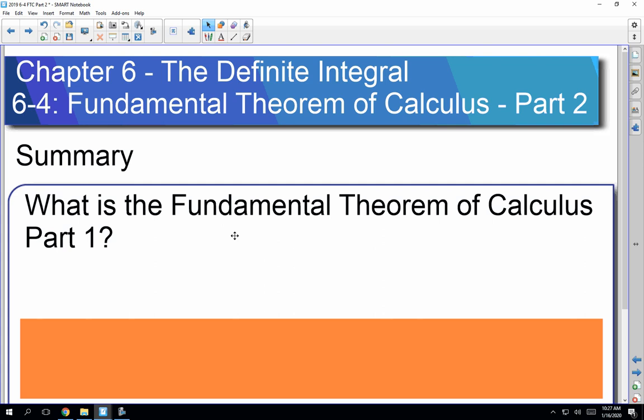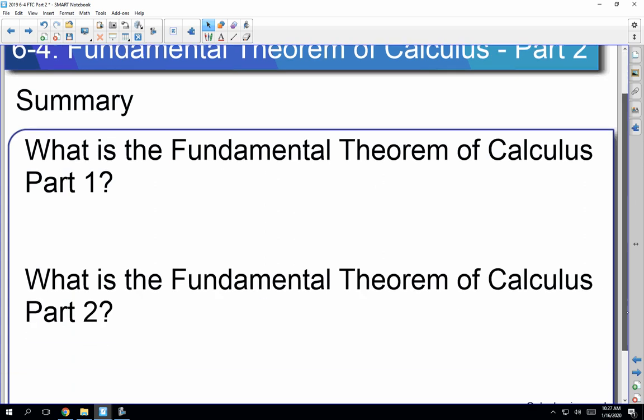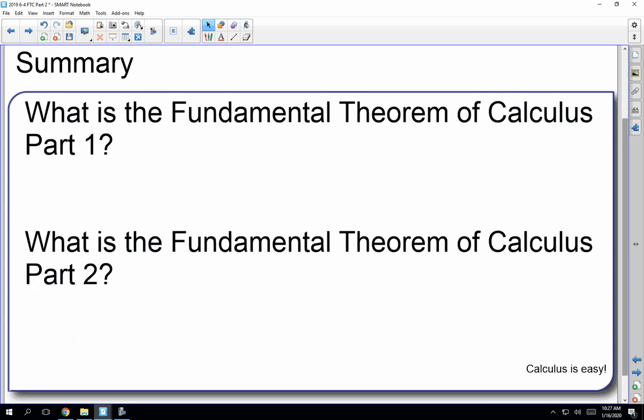And then the second part has the same prerequisites: a continuous function on a closed interval. It has a derivative at every point, and the derivative can be found by taking the derivative of the integral, and you get the integrand evaluated at the upper limit.